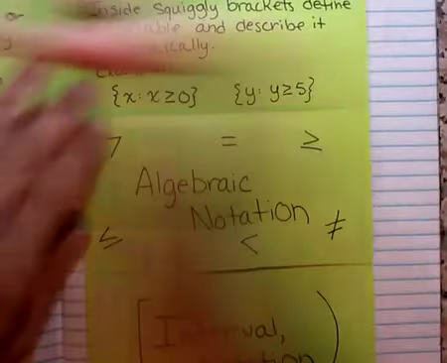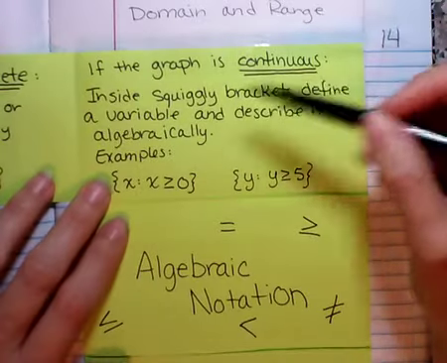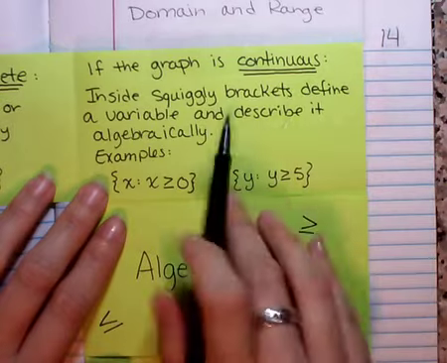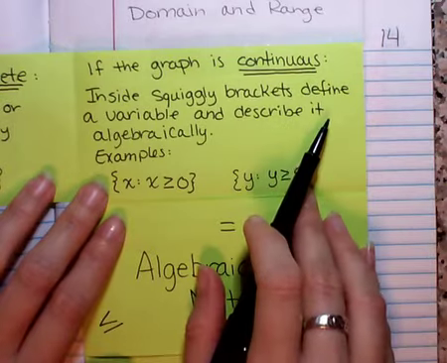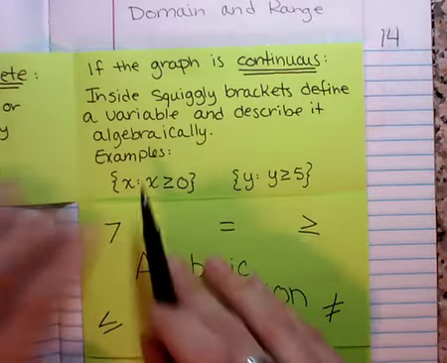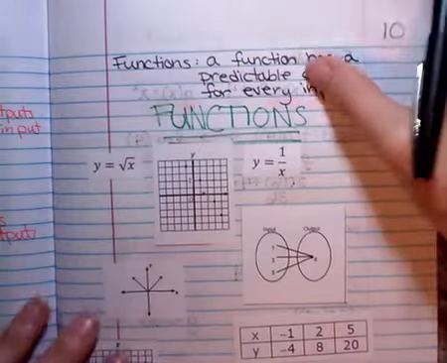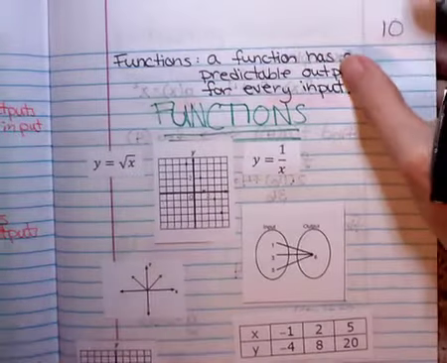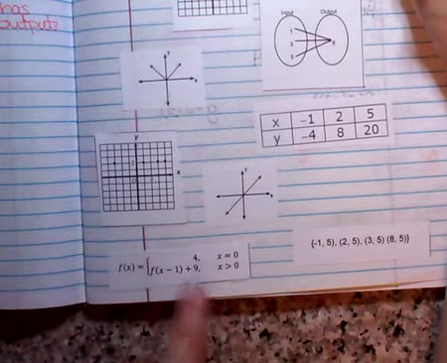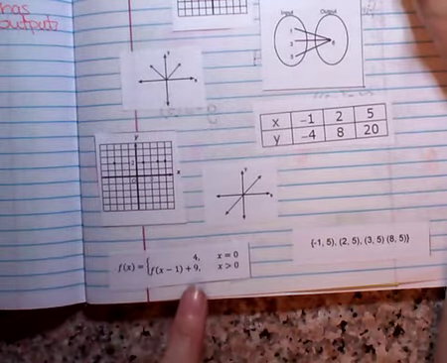So if we come back and look at our set notation, if the graph is continuous, then inside the squiggly brackets, we will define a variable and describe it algebraically. An example would be, let's come back and look at our graph again. For example, we are looking here at our function that is a recursive function.